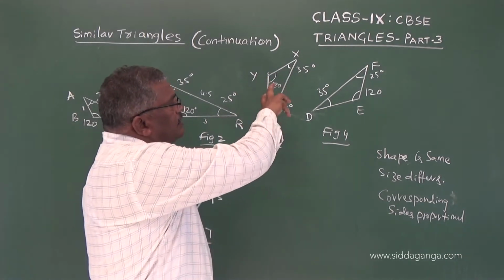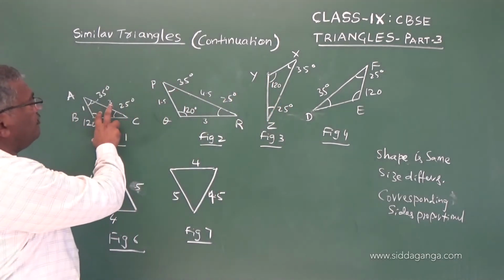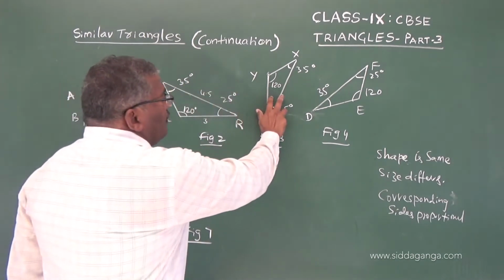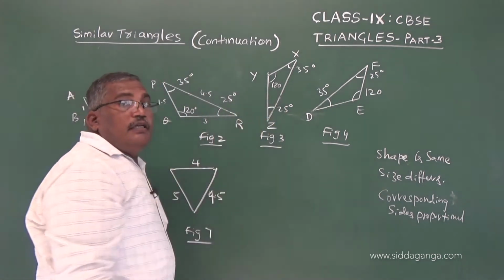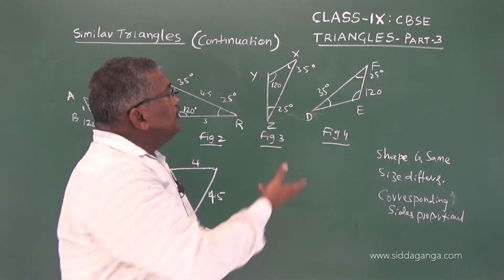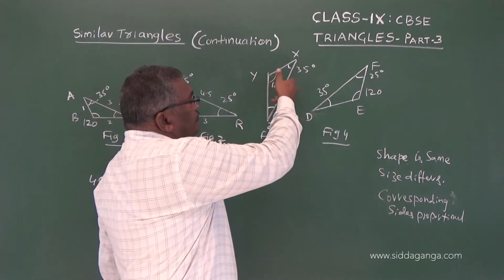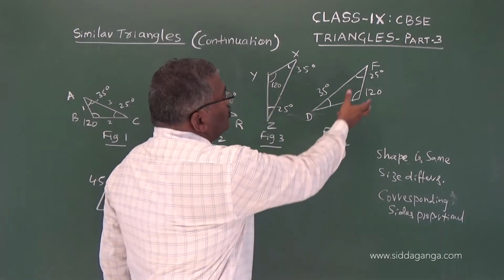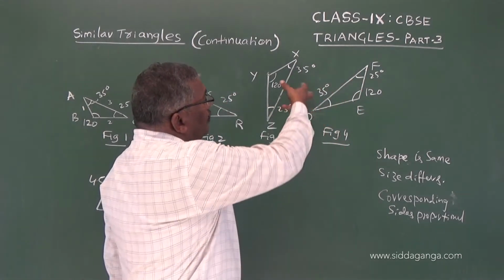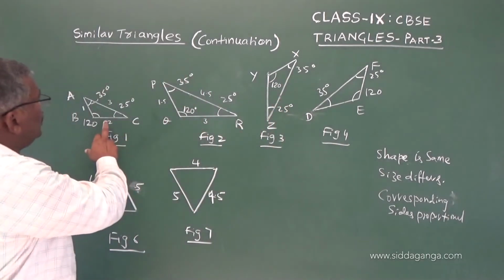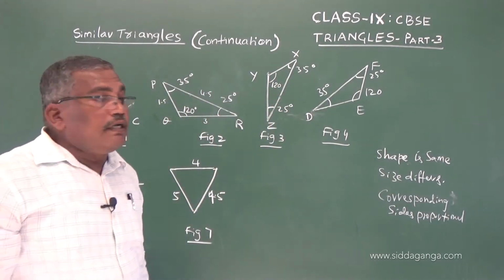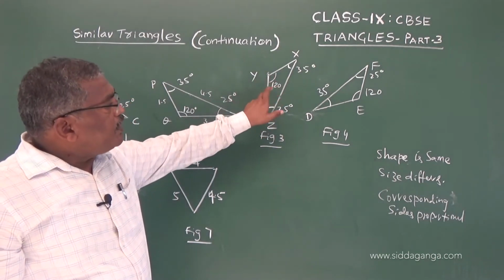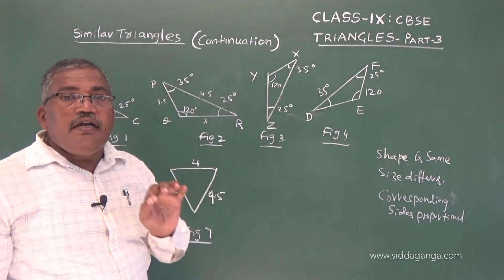If you rotate this, it will be of this shape only. These two figures have the same shape because their corresponding angles are equal, but it is rotated. Figure 3 is rotated, figure 4 is also rotated. If you rotate these, they will be similar to ABC, figure 1. So if it is flipped or rotated to a certain degree, that does not matter.